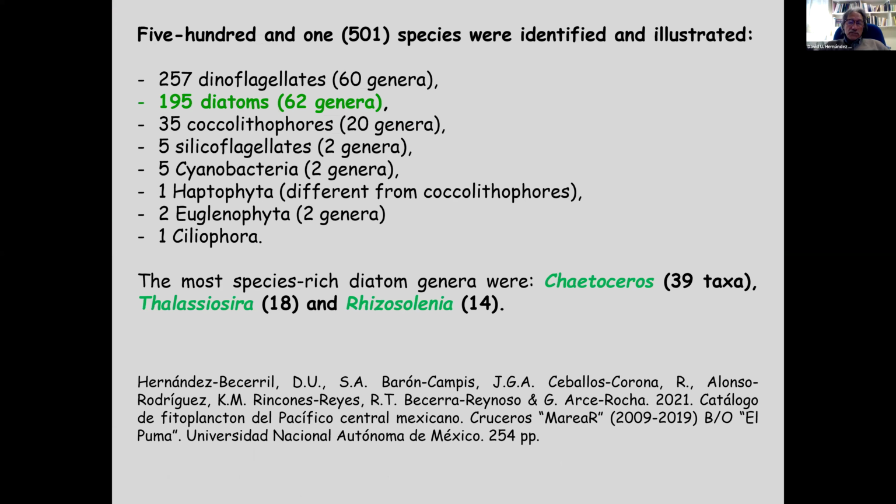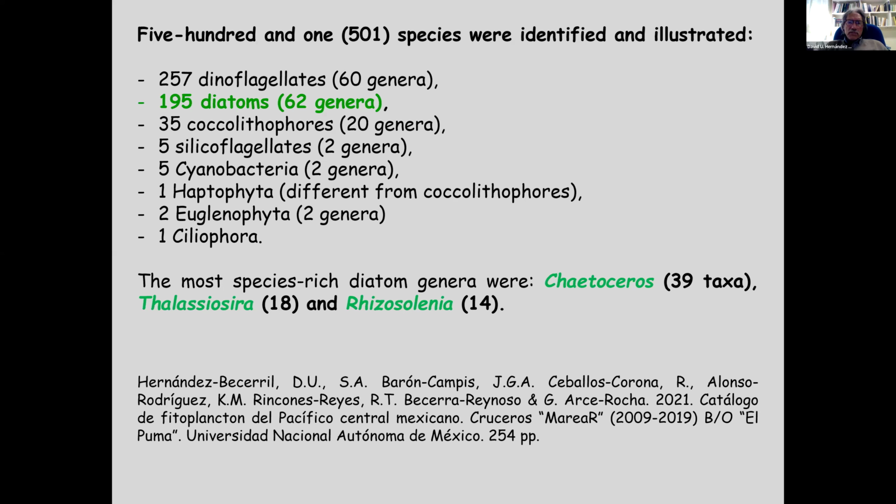Surprisingly, it was the taxonomic group with more taxa identified, and the second group was diatoms. Of course, my appreciation for diatoms led me to suppose that diatoms were the most diverse group, but in fact, dinoflagellates were, in this book at least, more diverse than diatoms.